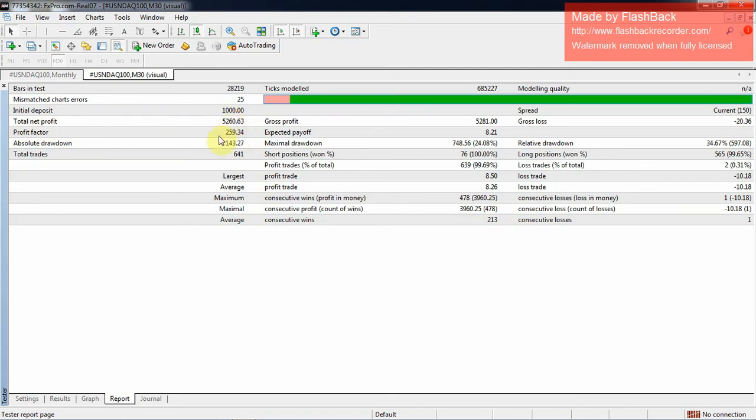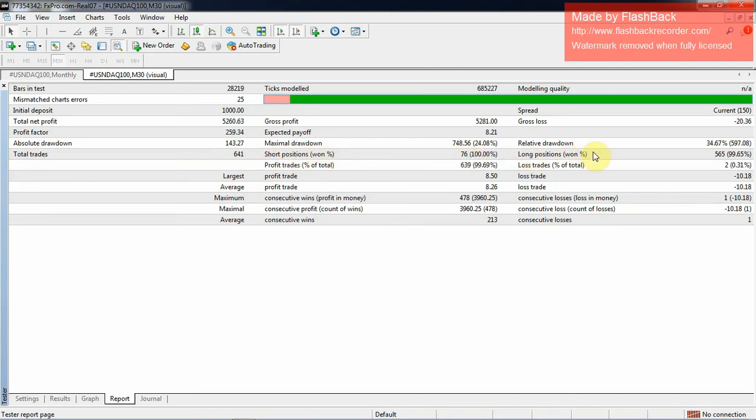Profit factor 259. Total trades 641. Short positions won 76, 100%. All sales were won.